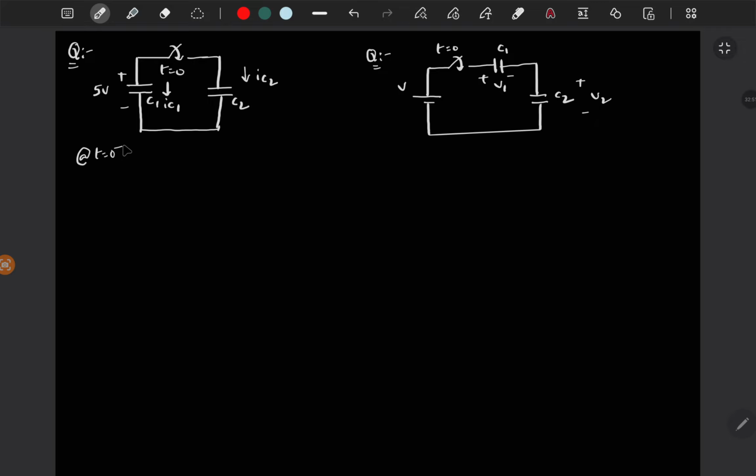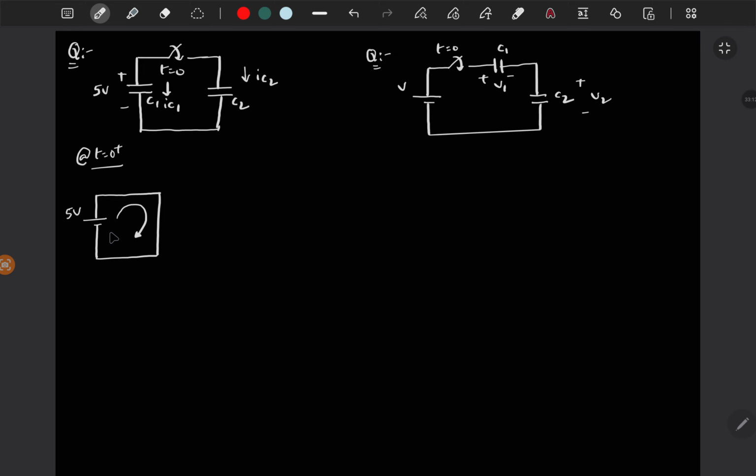So at t is equal to 0 plus, the capacitor should be represented with its initial voltage. So this is 0 and one is 5 volt. So 5 volt and 0 volt.